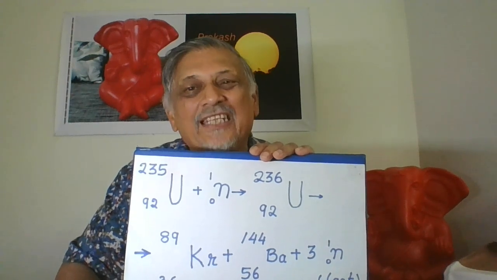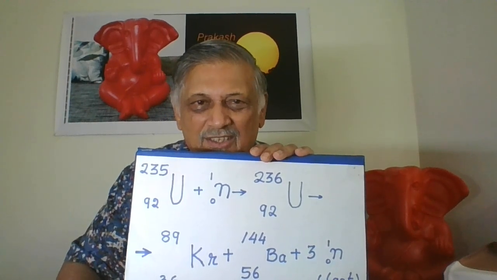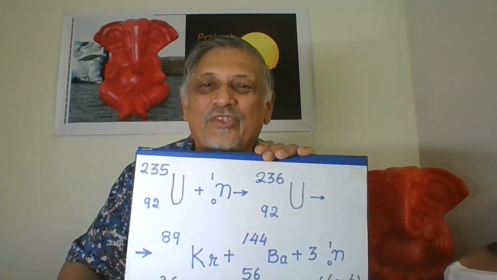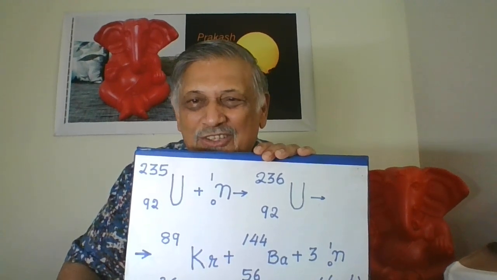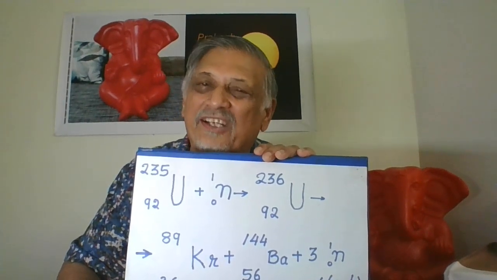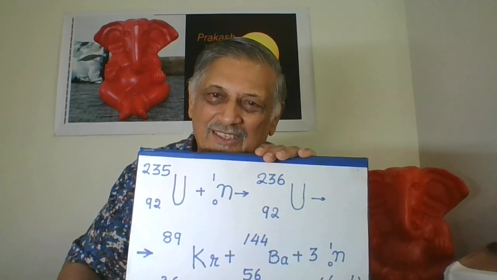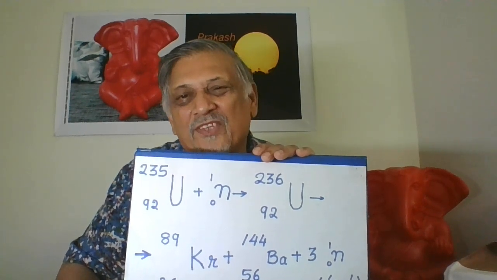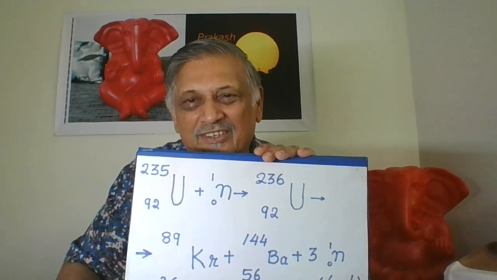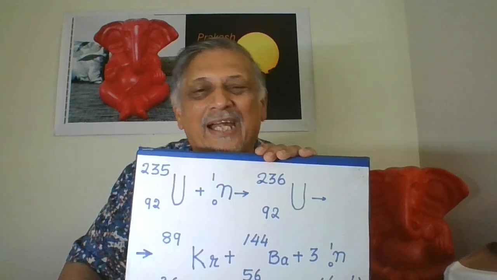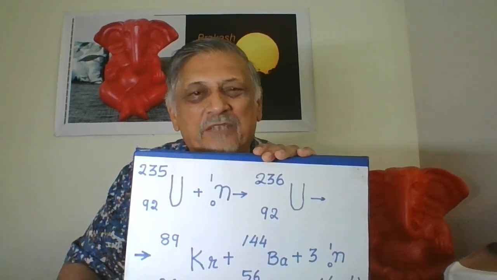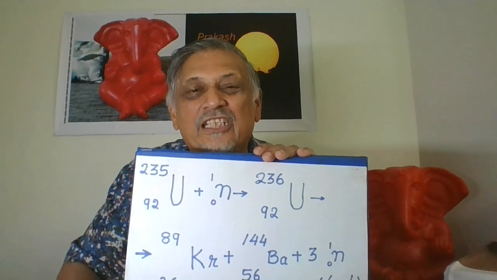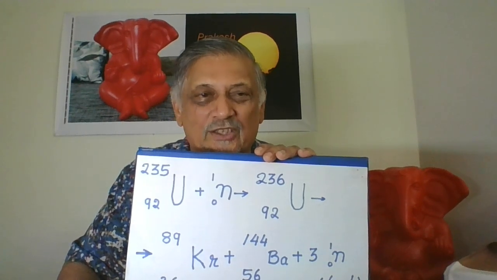So in this nuclear reaction, when a neutron hits the nucleus of a uranium 235 atom, it breaks that uranium 235 into barium and krypton, plus in addition it produces three more extremely fast moving neutrons.